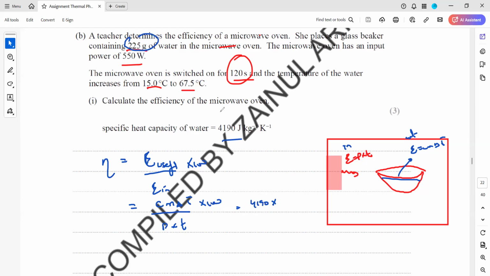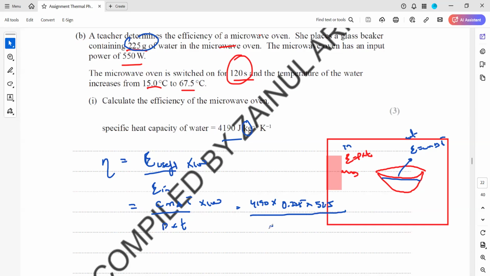Mass of the water is 225, so it will be 0.225 because it should be in kg as this unit is in kg. And temperature change, it's 67.5 minus 15, so it will be 52.5. And it's the same 52.5 Kelvin, because the temperature change in degrees centigrade and Kelvin is the same.